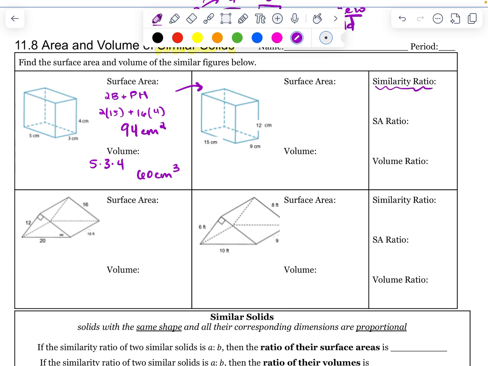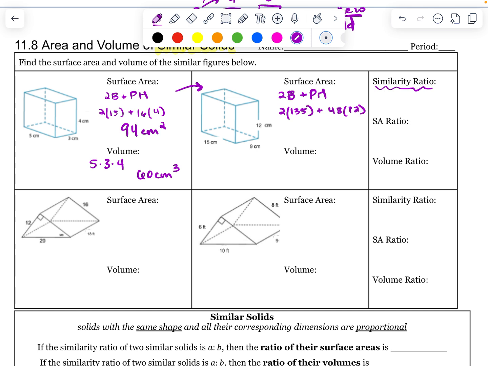So this one is a similar figure to this. So it's going up, so it's going to be 2 times B plus P times H. So what's 15 times 9? 135. 2 times 135 plus the perimeter is 48. The height is 12.